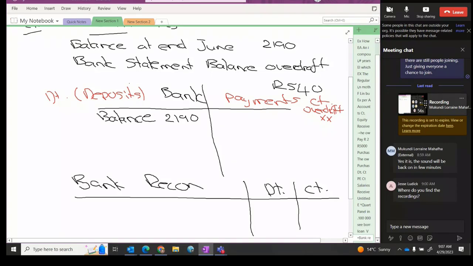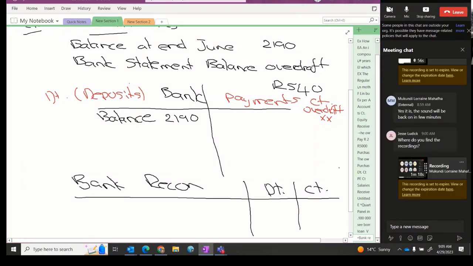So the bank account is easy like last time. Then what you must remember is that the bank recon works opposite to the way you do your bank account.